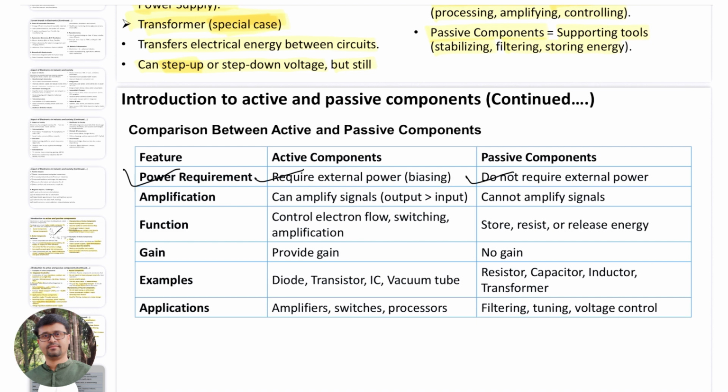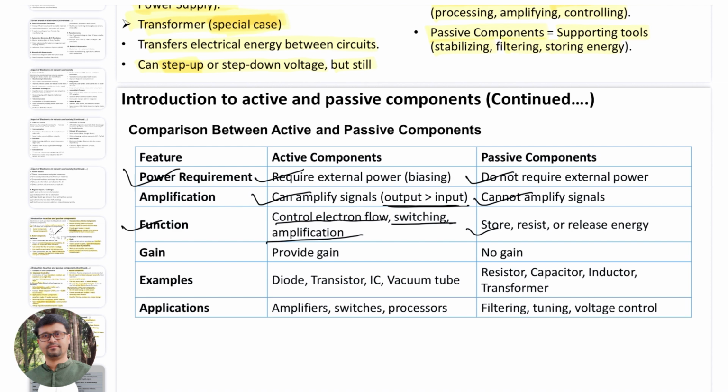On amplification, active components can amplify the signal, means the output is greater than the input, and passive components cannot amplify the signals. And the function: active components control electron flow, switching and amplification, and passive components store, resist or release energy.